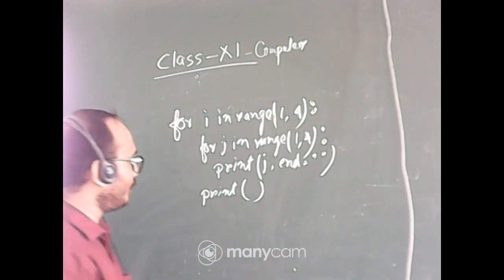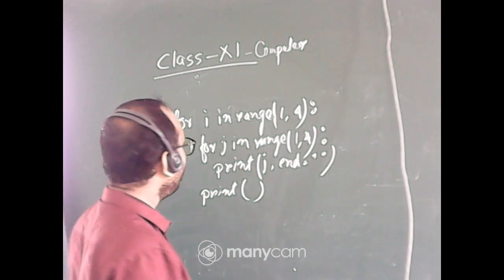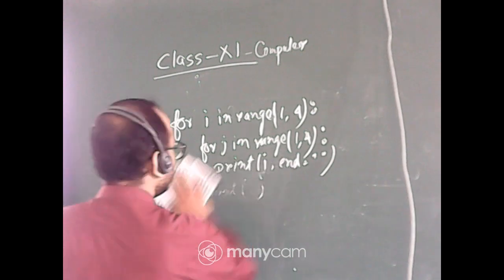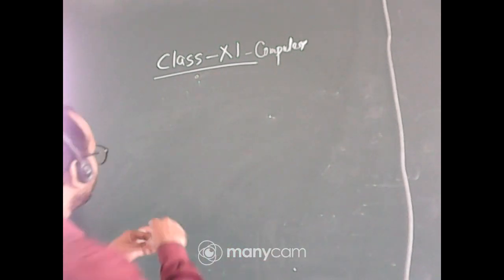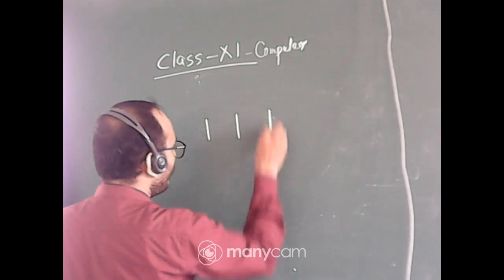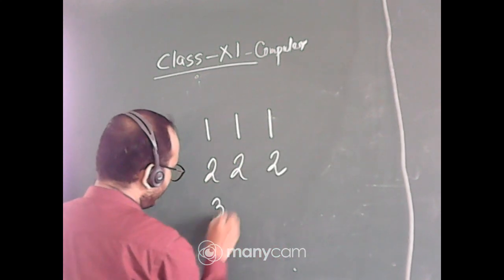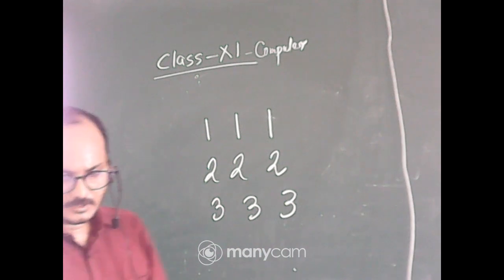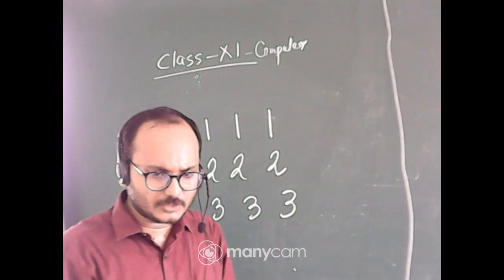Okay, very good, Pritish and Pritam, very good. Okay, now print this one. Very good progress. 1 1 1 2 2 2 3 3 3. Just print this pattern. It's also so simple.